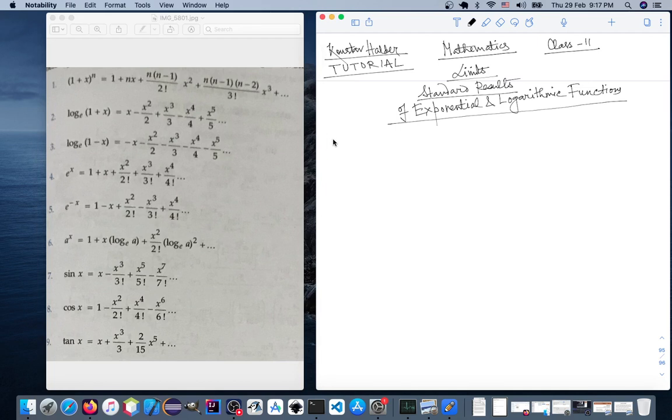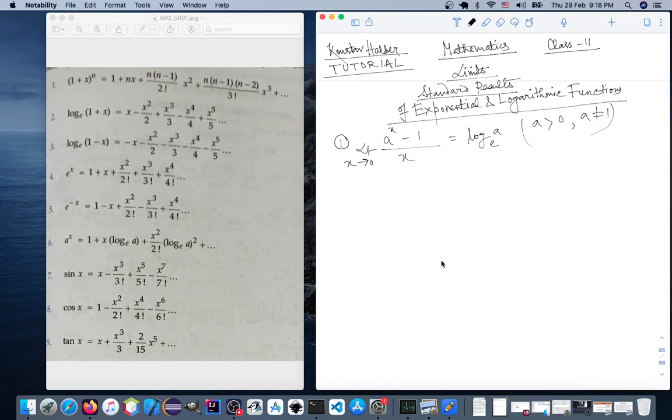The first one is limit x tending to 0, a to the power x minus 1 divided by x, is log of e a, where we must have a greater than 0 and a not equal to 1.